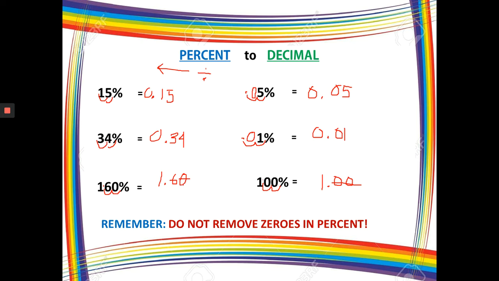If it's in between, you cannot remove the zeros. You can only remove the zeros after, just like this one. That means 100% is equal to 1, 1 whole.